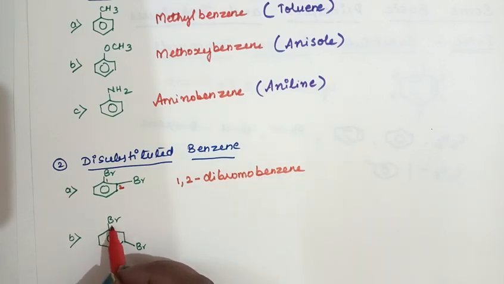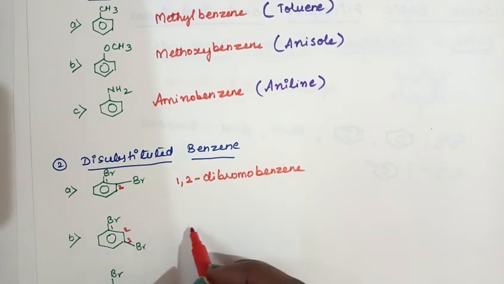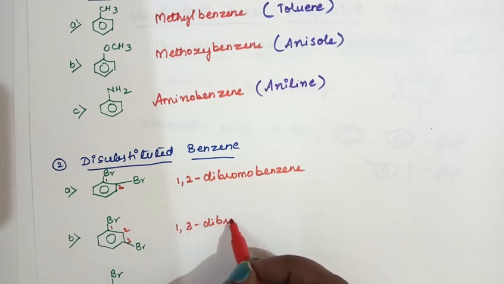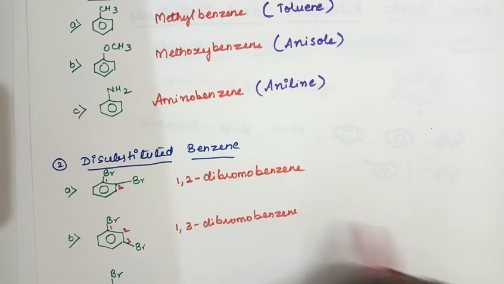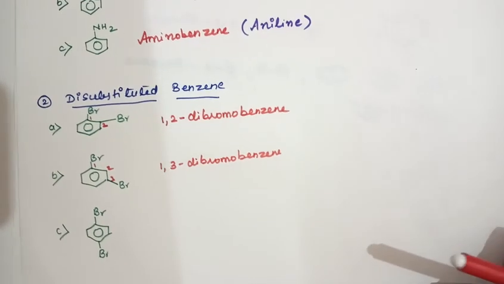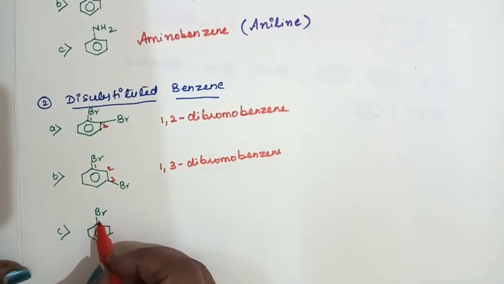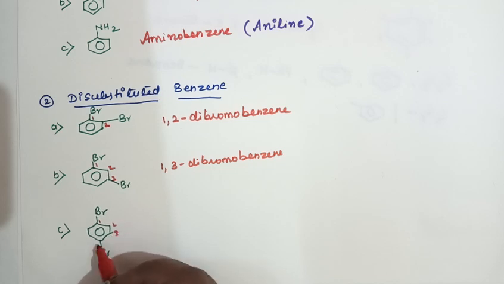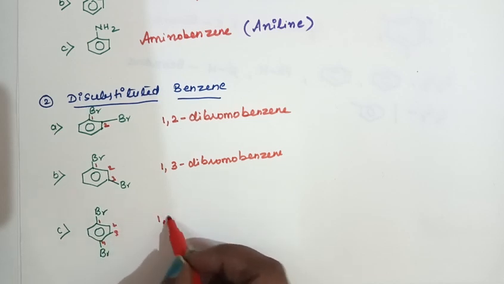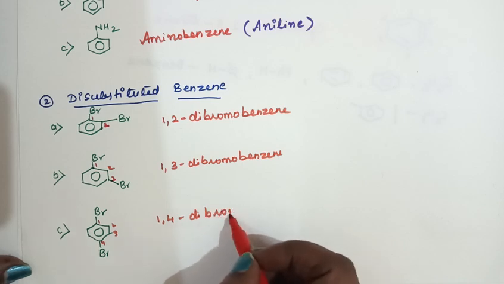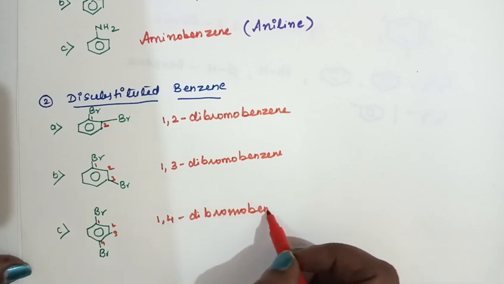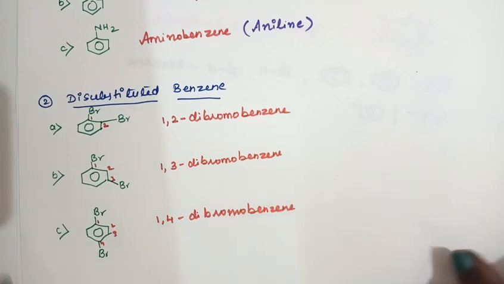And here 1, 2, 3. So it is 1, 3 dibromobenzene. And here 1, 2, 3, 4. So it will be 1, 4 dibromobenzene. So is that clear?